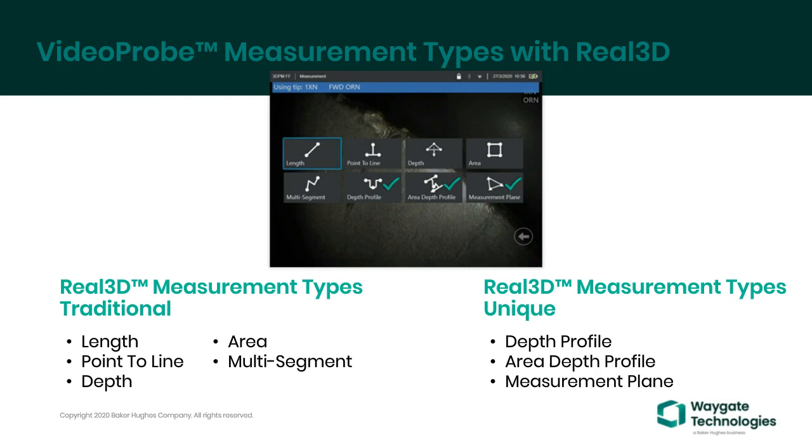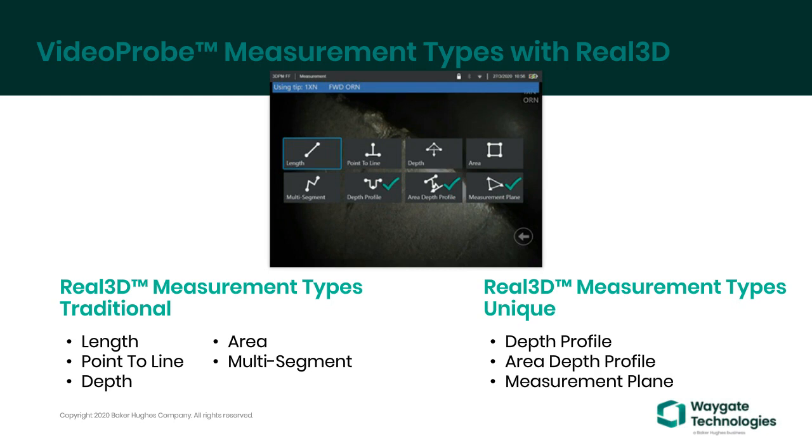And that only gives you one measurement line, whereas with area depth profile, it can actually make a similar measurement, but over very large areas that are on 2 concentric planes. And then, if you want to be able to measure where the material was but is no longer there, measurement plane actually projects a plane into space and allows you to measure upon it, which is a facsimile of where the material would have been.